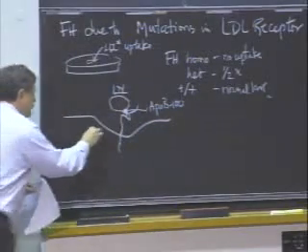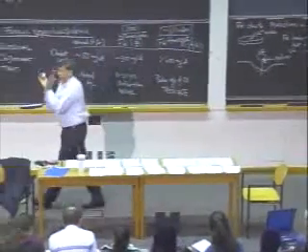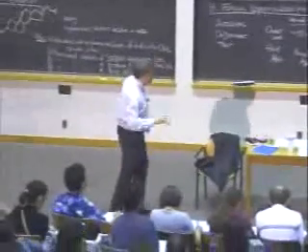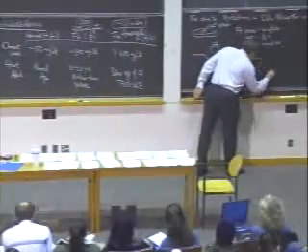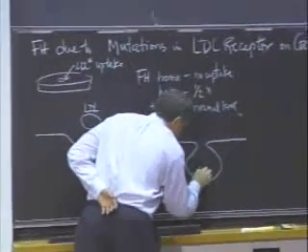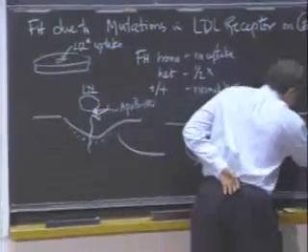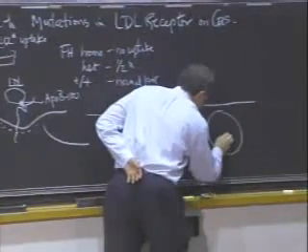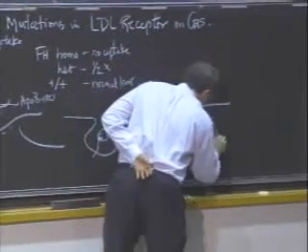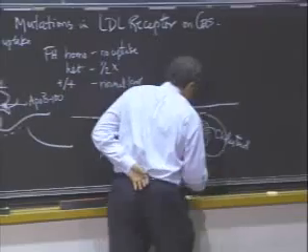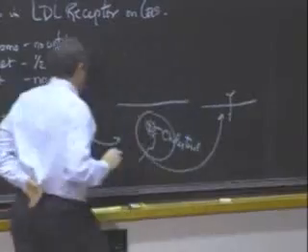When it bound, the cell made a little pit, and in this coated pit, it internalized the LDL receptor, carrying with it the LDL particle, and then this went into the cell. The LDL particle was then degraded, releasing the cholesterol that could be used by the cell, and the receptor itself got recycled back to the surface to work another day.